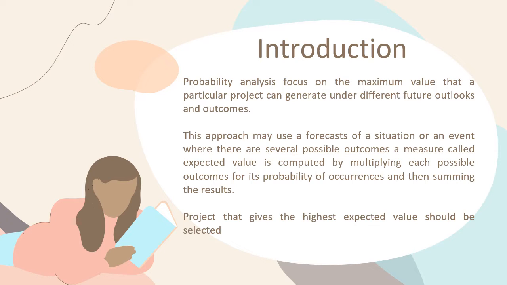This approach may use a forecast or a situation or event where several possible outcomes are measured, which is called the expected value. It is computed by multiplying each possible outcome by its probability of occurrence and then summing up the results. The project that gives the highest expected value should be selected.